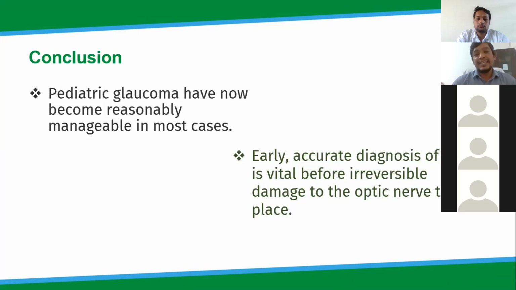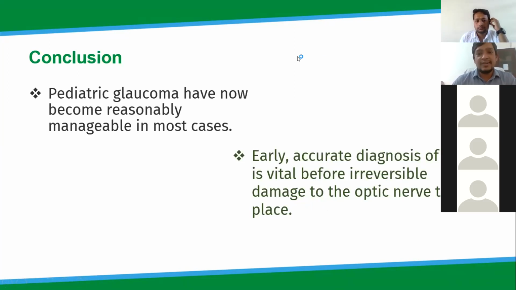So the key is early and accurate diagnosis of congenital or pediatric glaucoma before irreversible damage of the optic nerve takes place, because the more they delay, the more damage it will cause to the optic nerve. And the damage that has already been done to the optic nerve is not going to be reversed. So early diagnosis or early screening is very important.